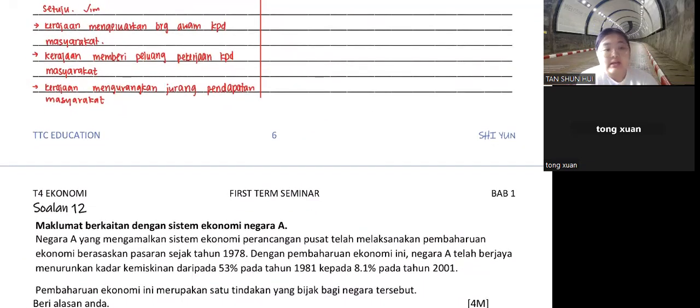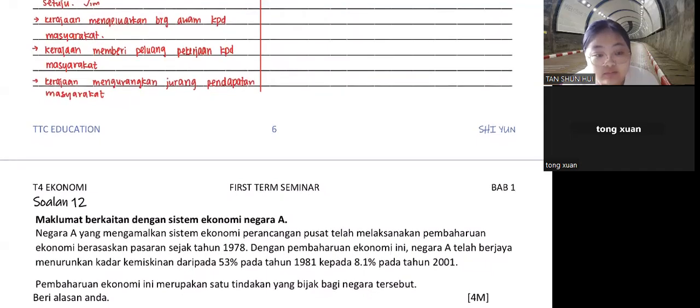Okay, why? You see, in question 12, right, they tell you, pembaruan ekonomi ini merupakan satu tindakan yang bijak. Berikan alasan. They didn't ask you wajar kah, okay, setuju kah. They just tell you a statement.